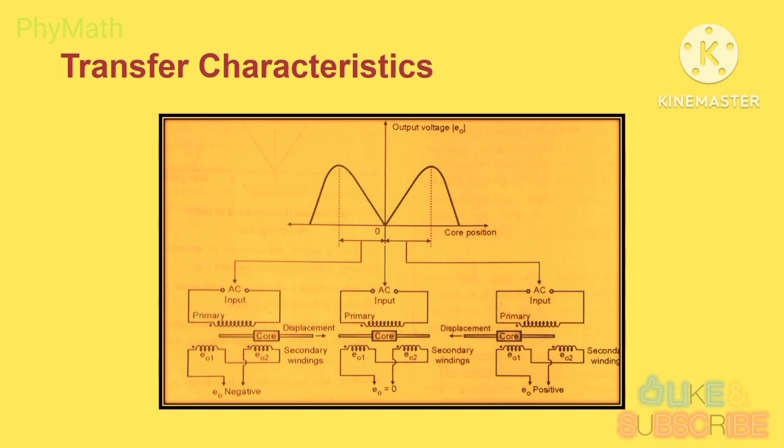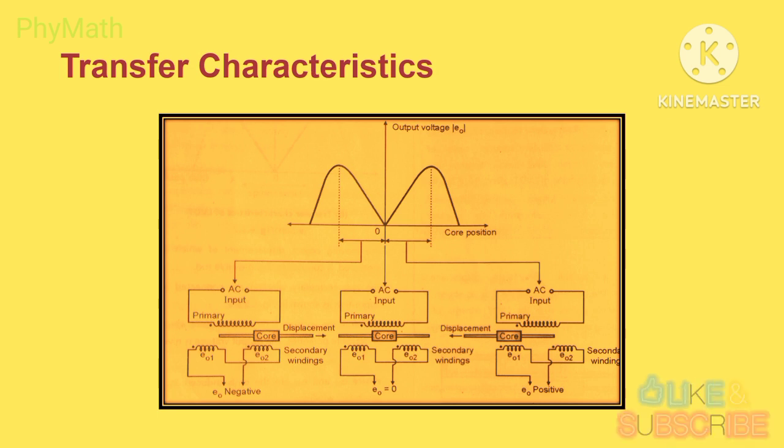Similarly, for the third position, if the position of the core is at left, or at secondary winding 1, then EO1 will be greater than EO2. So finally EO will be positive.